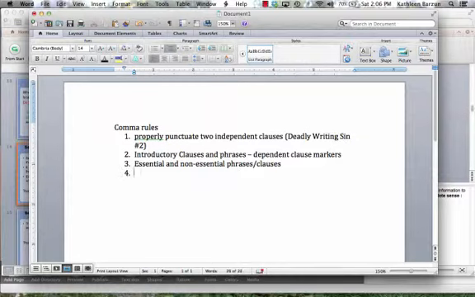And the fourth one actually has two parts to it. 4A has to do with commas in a list, and 4B has to do with two adjectives that equally describe a noun.